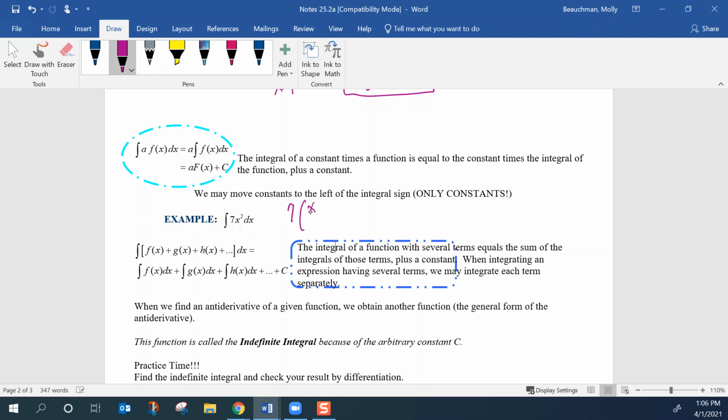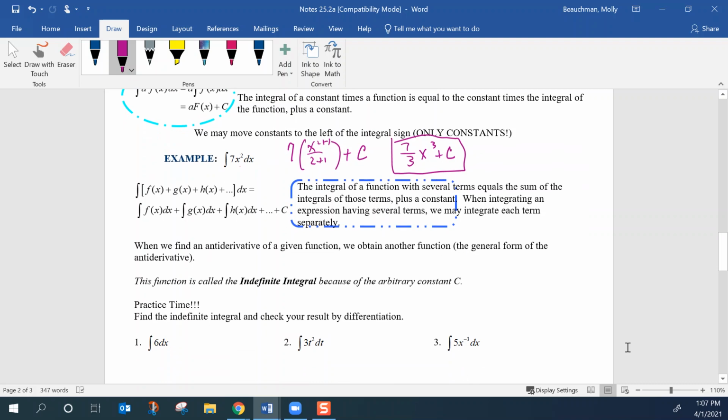So that would be x to the 2 plus 1 over 2 plus 1 plus the arbitrary constant. So that would give me 7/3 x to the third plus the constant. And again, to check, take the derivative and make sure that you're right. The next property says if you have a bunch of terms added in your polynomial, then take the integral of each one individually.